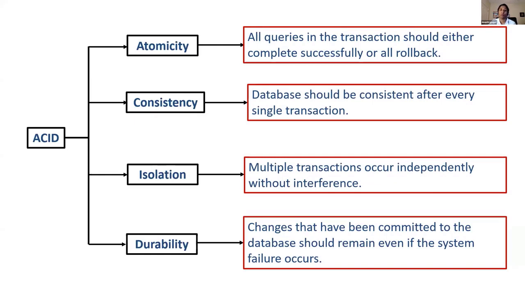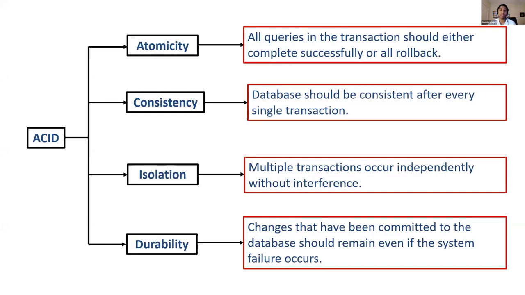For example, I have a stored procedure which has an update statement as well as an insert statement in it. When I execute the stored procedure, it should execute both operations successfully. If the update fails and the insert succeeds, then SQL Server should roll back the entire transaction. So that is atomicity.